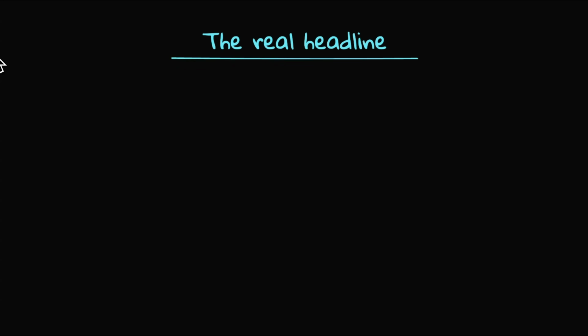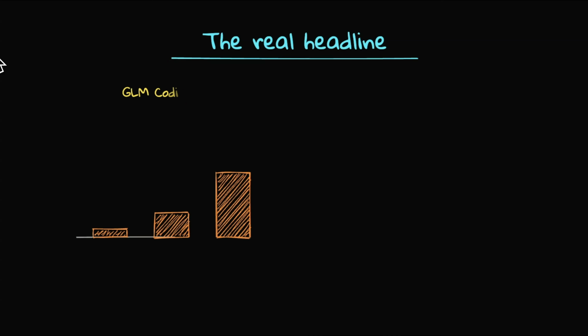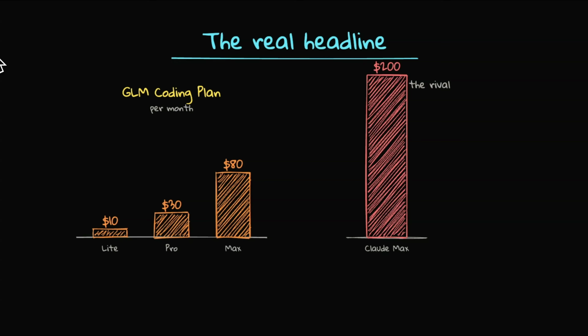Now, let's talk about pricing, because I think this is where the Chinese labs are actually winning. Although they're supposed to be compute constrained, the pricing they offer compared to some of the US counterparts is simply incredible. For example, this is almost 10 times cheaper than Claude Max for a similar amount of tokens.